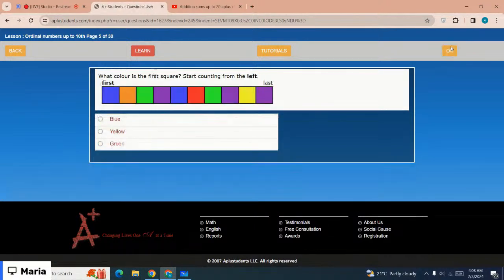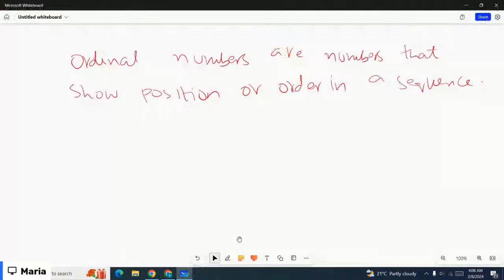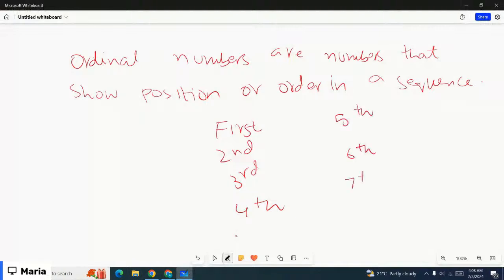Basically, the numbers you write in ordinal from 1 to 10 are like this. First, second, third, fourth, fifth, sixth, seventh, eighth, ninth, and 10th. These are the ordinal numbers from 1 to 10. Got it?